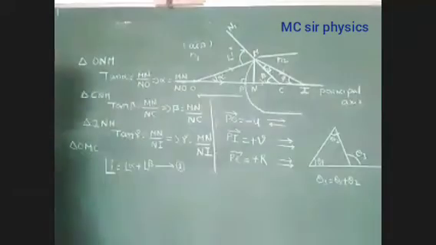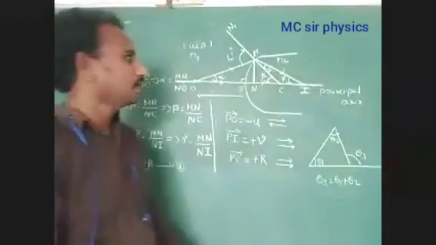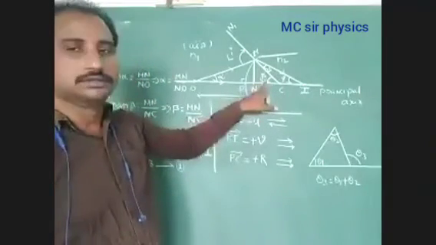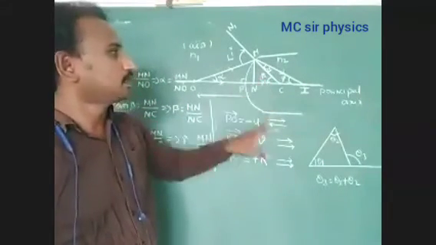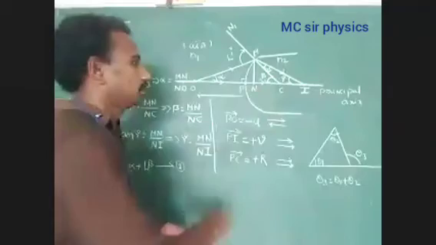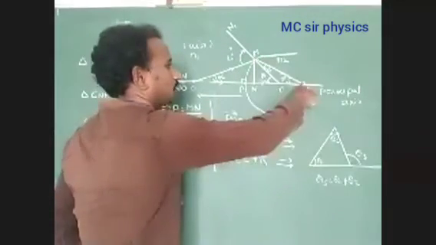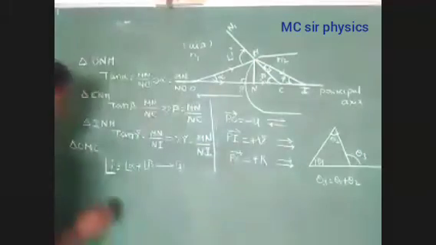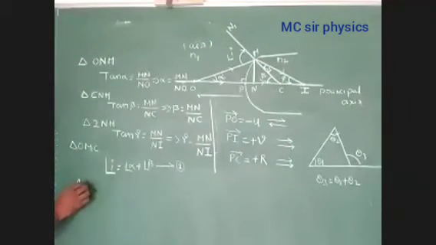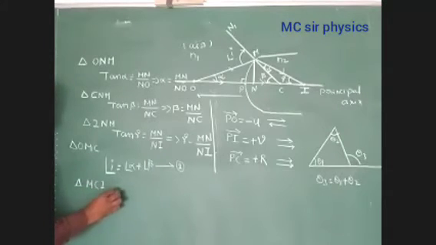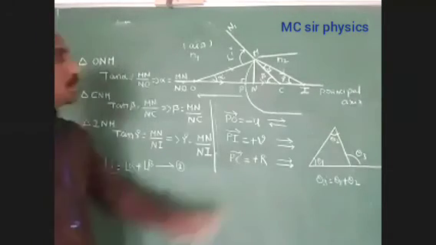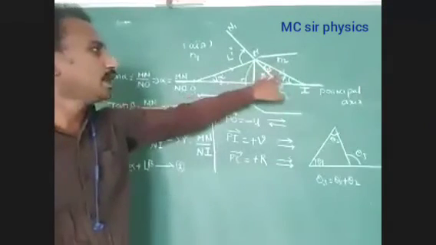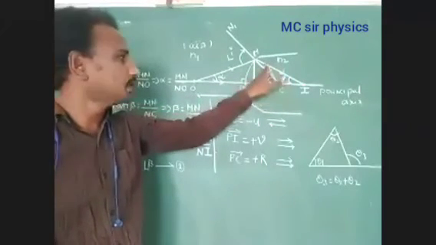Next, we have to find another exterior angle. Here, beta represents another exterior angle. Which triangle do we consider for this exterior angle? Triangle MCI. In triangle MCI, exterior angle beta equals the sum of opposite internal angles. What are those internal angles?